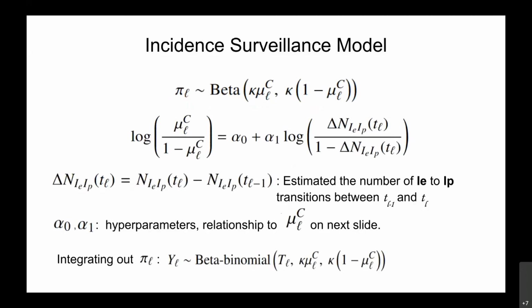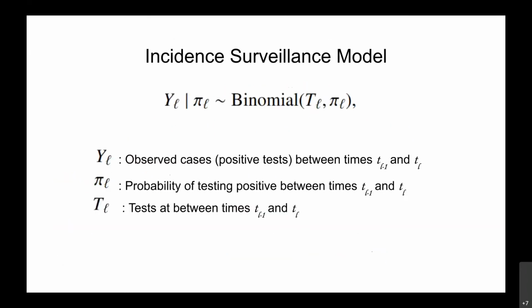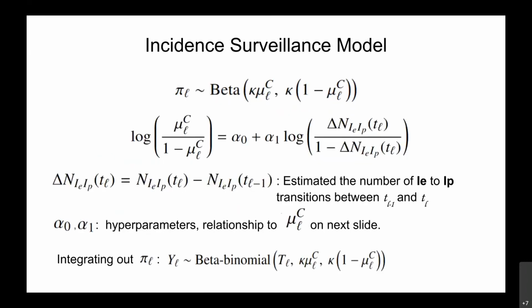The way we're going to do that is we're going to model this pi_l using a beta distribution. The logit mean of that beta is going to depend on the log odds of individuals becoming infected, or moving from early to progressed infection, over that time interval.